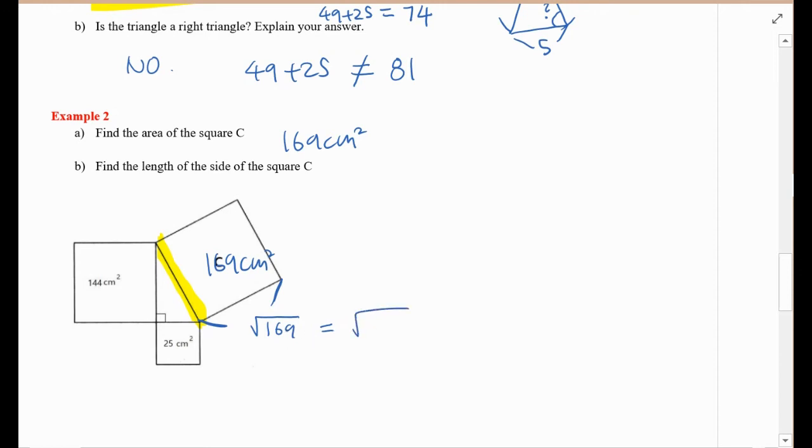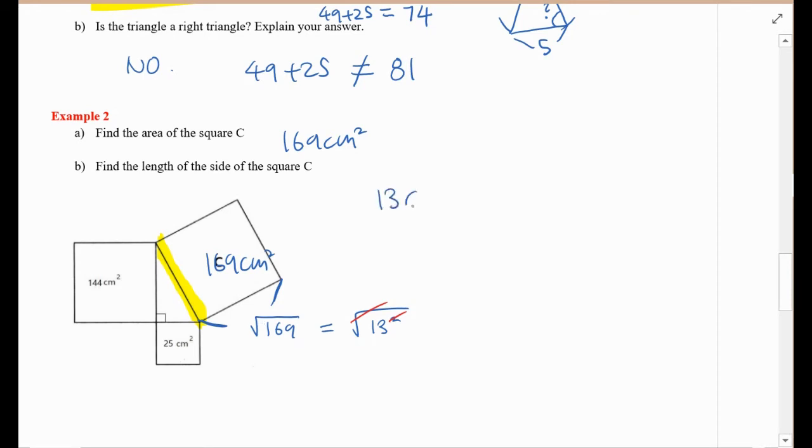To make 169, you have to multiply what number by itself? 13. 13 squared, right? Now you can just cancel the square root. Therefore, the side length is 13.